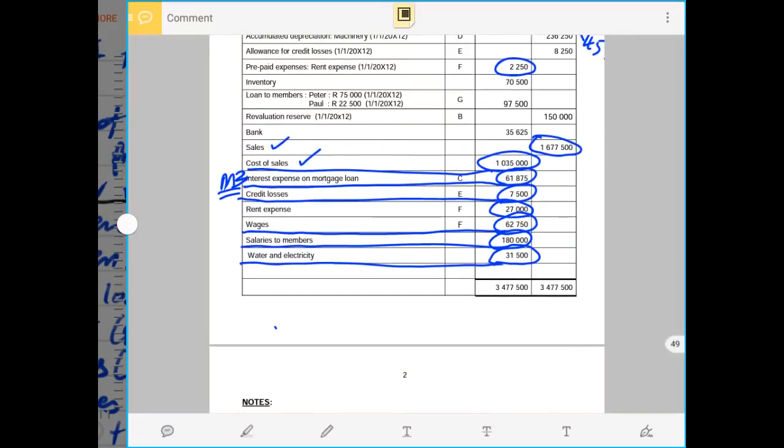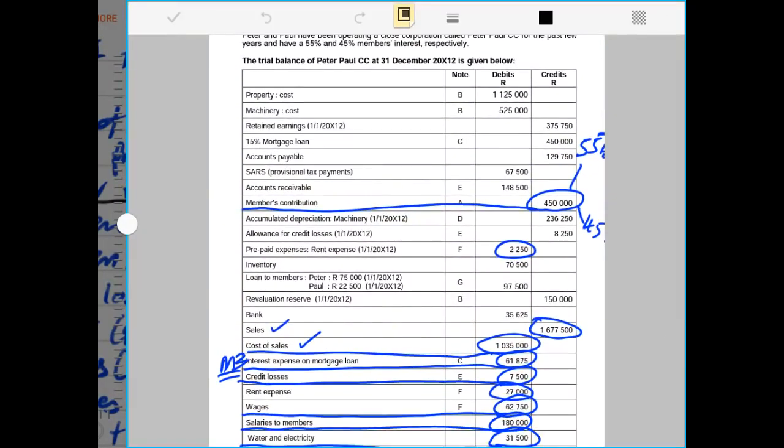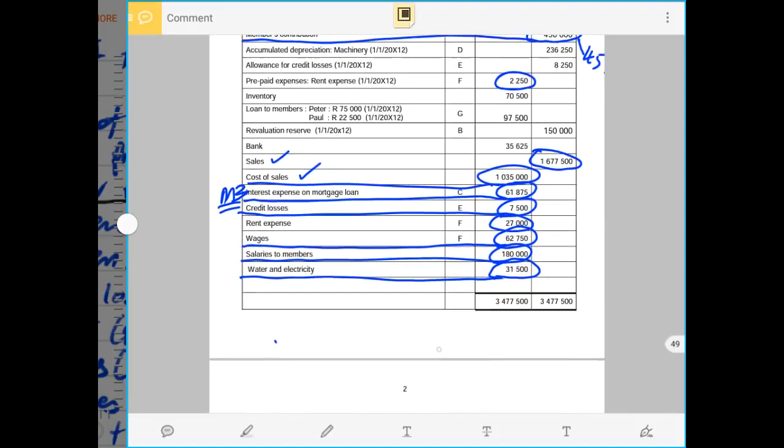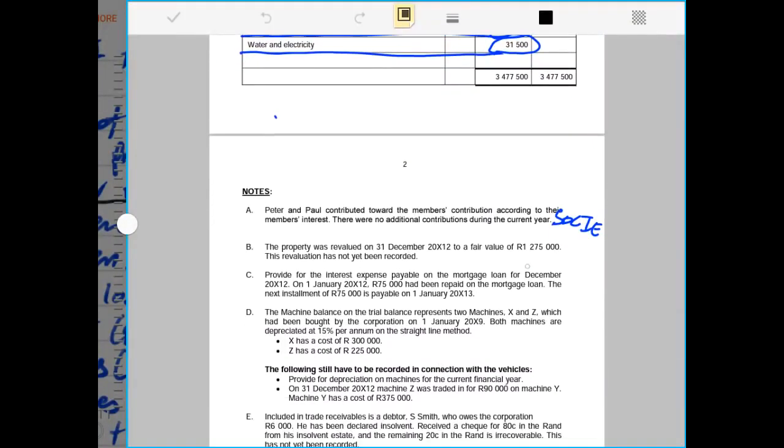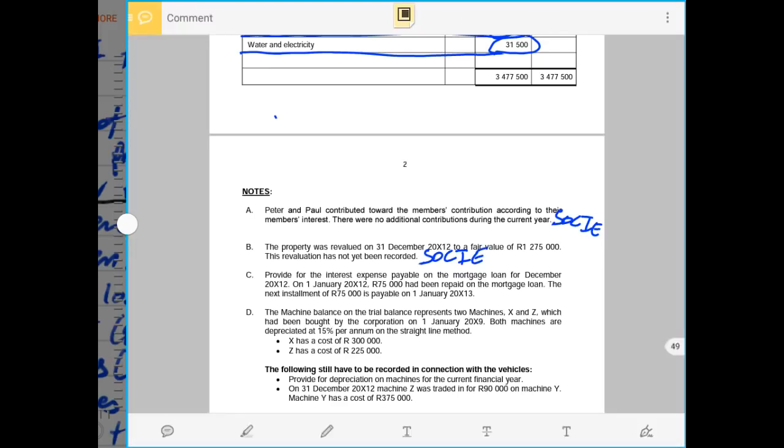And in the trial balance, we had the value of the property at cost as 1,125,000 rands. So now we have to subtract that to get to the revaluation. Then the statement of changes in equity. I don't want to forget, just to take note of that.